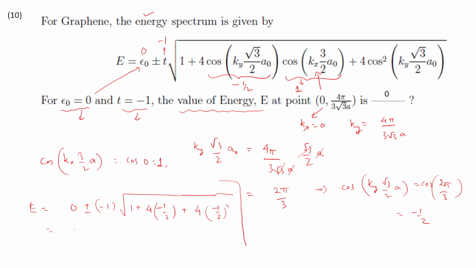So what we have is 0 plus minus 1 minus 2 plus 1, which is nothing but 0. So the value of energy at this particular point is 0. So this is your assignment 4.